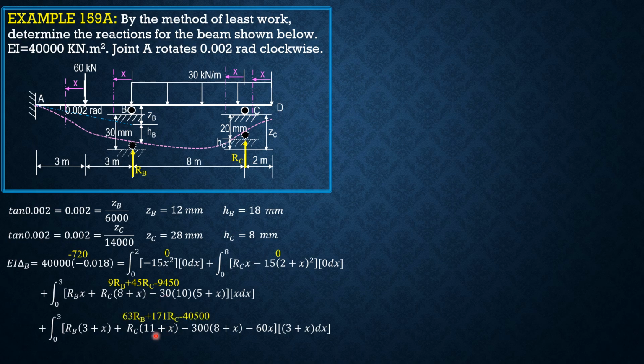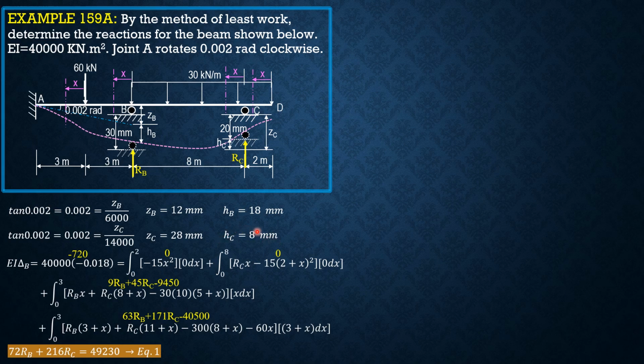Then for the last integral, that is 63 R sub B plus 171 R sub C minus 40,500. Combine like terms. Simplify. So the first equation is 72 R sub B plus 216 R sub C equals 49,230.